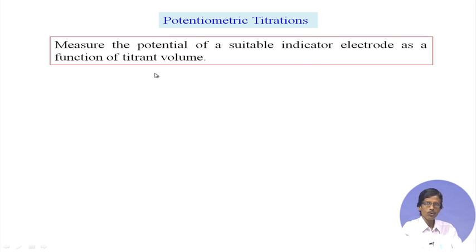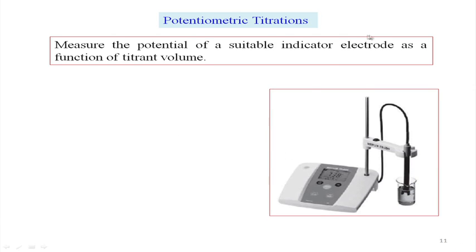As I told you in our previous class, you plot potential against volume. This is the simplest desktop arrangement for your pH meter. This is the combined electrode, inserted in the solution in the beaker, and you get some values. It has basically two knobs.